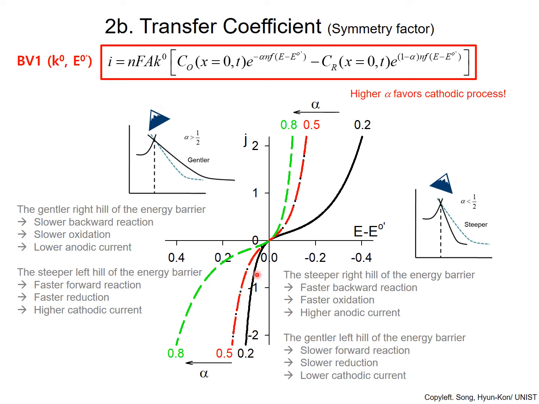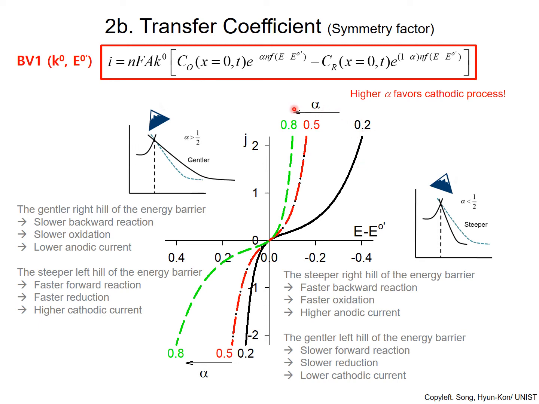At a fixed potential, we will have higher current for 0.2 when compared with 0.5. So in this case, the anodic process is favored when alpha is smaller than 0.5.